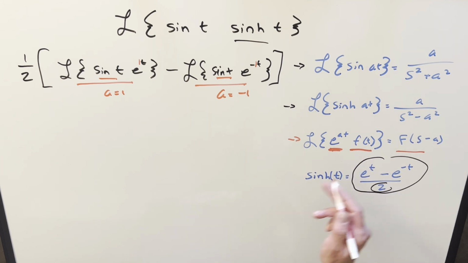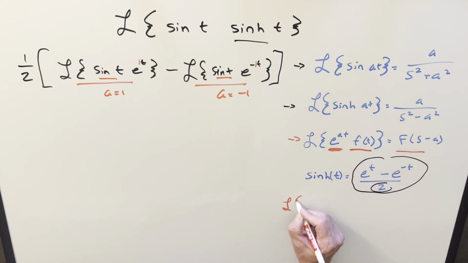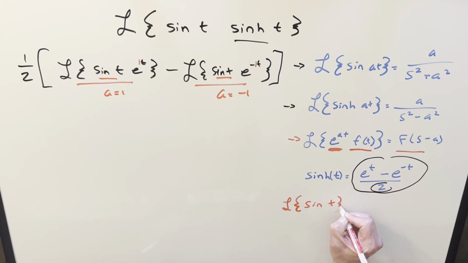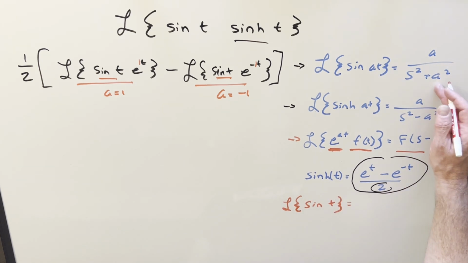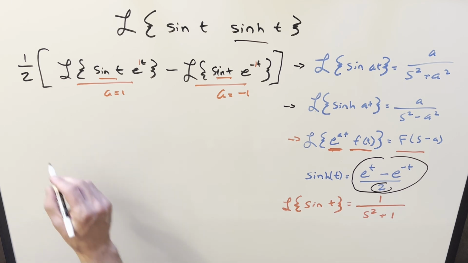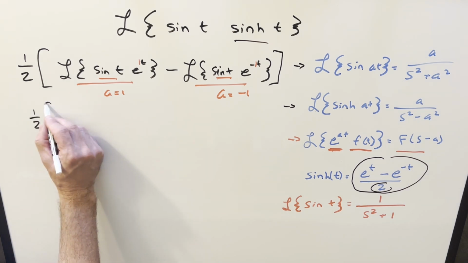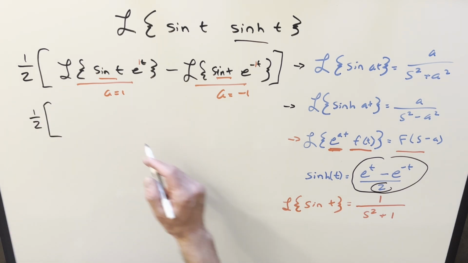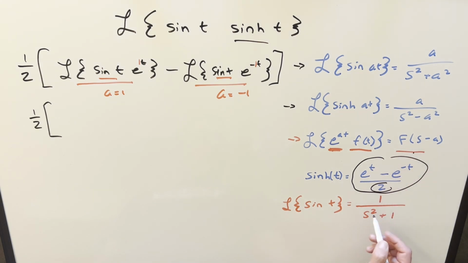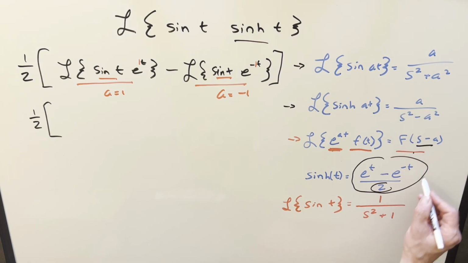So for the Laplace transform of f of t, we want the Laplace transform of just sine of t. Using this first formula here, the a value is just 1. So this becomes 1 over s squared plus 1, with a 1 in the numerator. Coming back up here, bring down the 1/2, and on this first one, we just need to input s minus a for s.